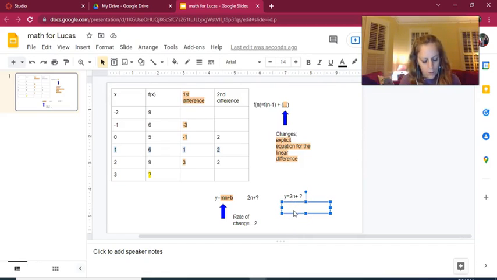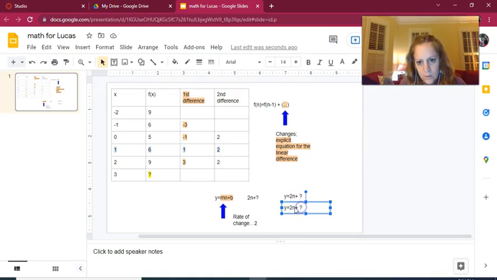We're still going to use that row, but the change is over here, that 2. So we want to plug in our x value and see if it gives us that change.